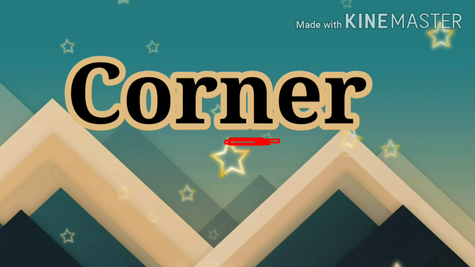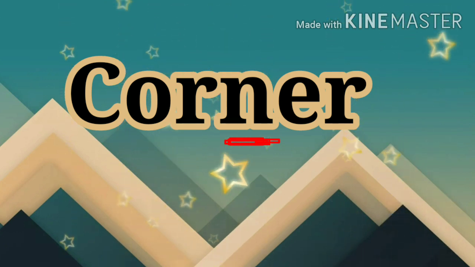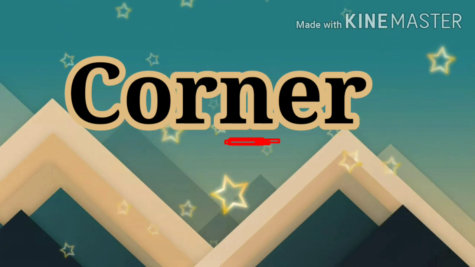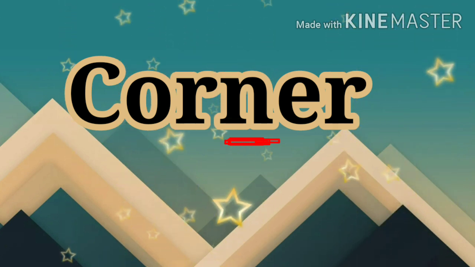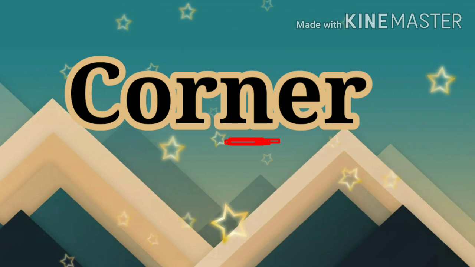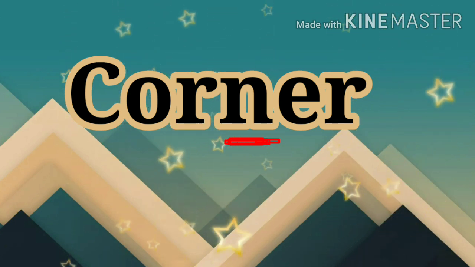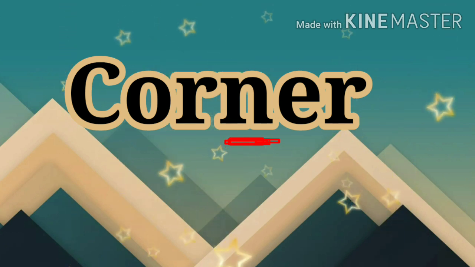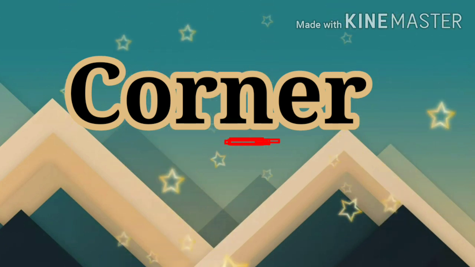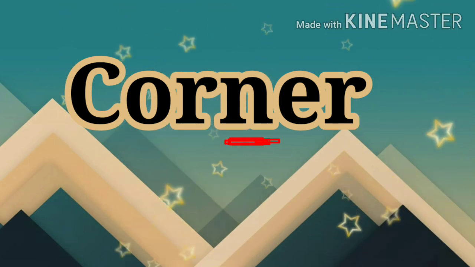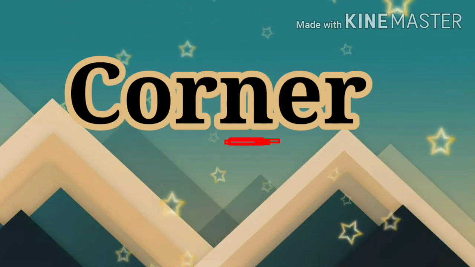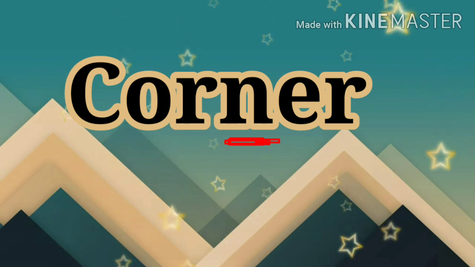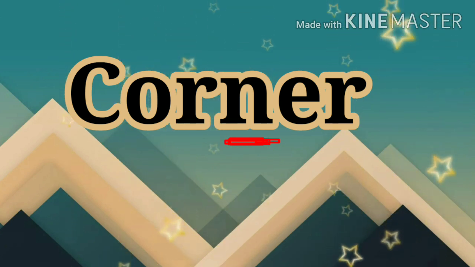If we fill N there, then the word becomes meaningful. So the word is corner. Is that clear? Okay. When you write the answer, make sure you underline the answer. If you are filling N here, then you have to underline N. Is that clear? Okay.